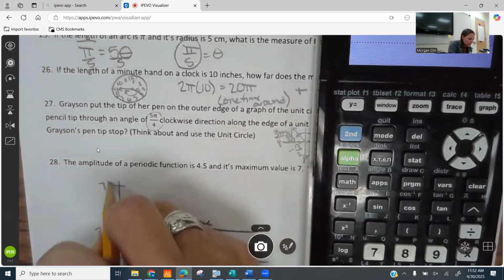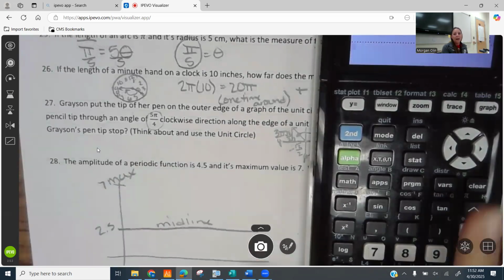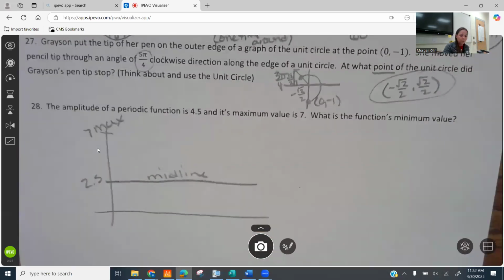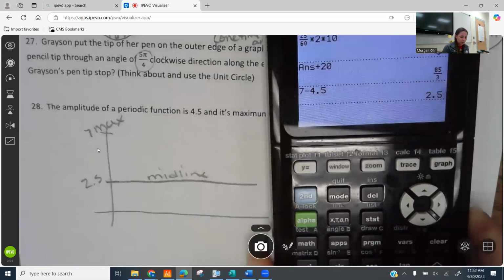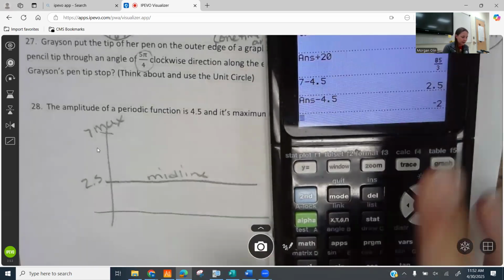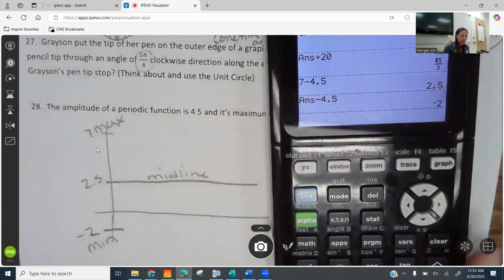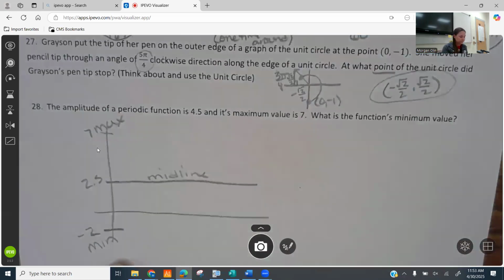Well, so this is our max. Well, to find our min now, you would have to subtract another 4.5. Okay, so let's subtract 4.5 from here, and I get -2. That tells me my min is here at -2.